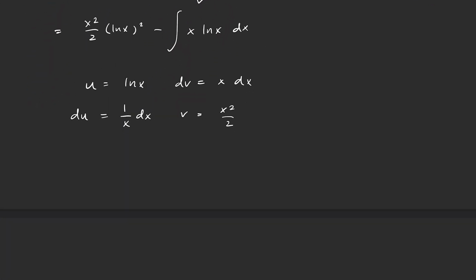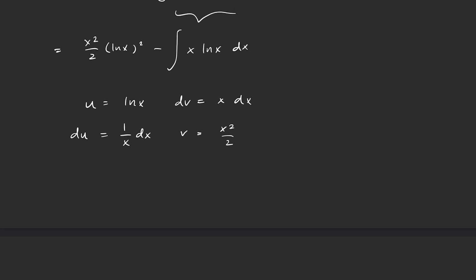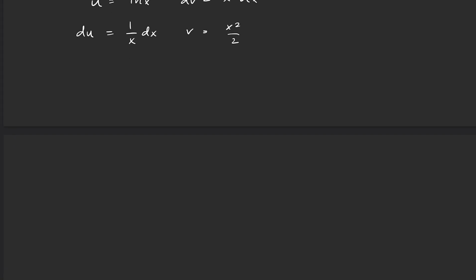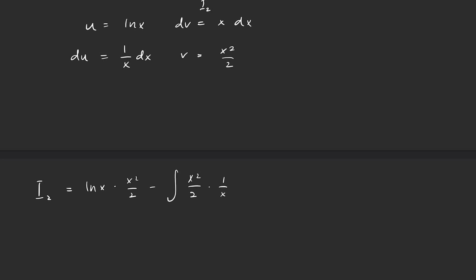This is our setup for our second integration by parts. Let's call this integral I2 for clearer writing. So I2 is uv, which is ln x multiplied by x squared over 2, minus the integral of v, which is x squared over 2, multiplied by du, which is 1 over x dx.